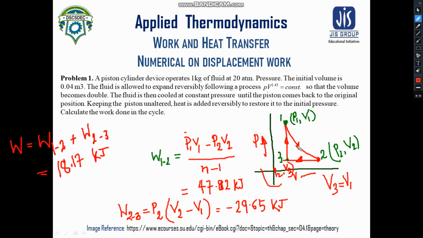If you know that relationship, you have to express the term P in terms of V. So you just need to express P in terms of V, then put it into the PdV equation and integrate between the limits of initial and final volume. So any kind of problem where you know the pressure volume relationship, you can easily solve it.